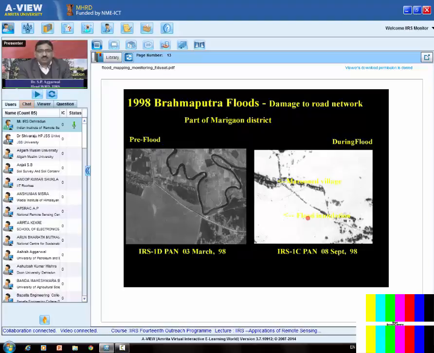The advantage of such mapping is that you can plan, suppose you want to rescue some villagers or send some relief material like food, blankets, clothes, whether you can reach there by lorry or not. If you cannot reach by lorry, then of course you can plan helicopter sorties.